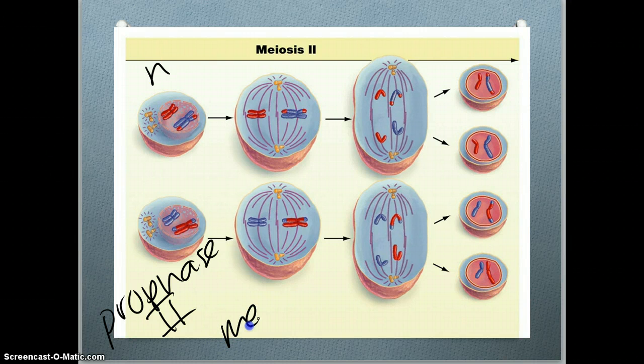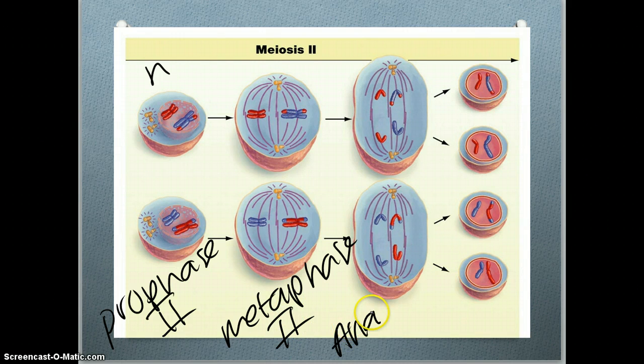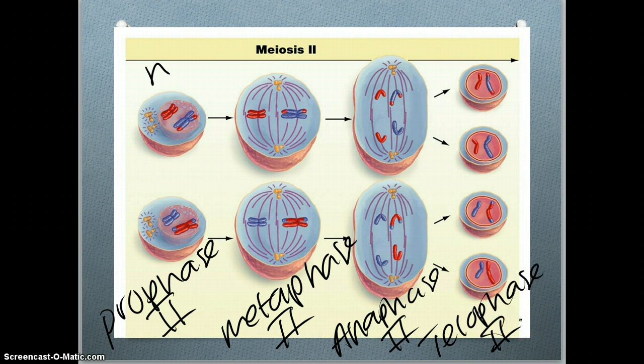This is metaphase 2. Anaphase 2. And telophase 2. This whole time we're going to have haploid cells. We're just going to basically separate.